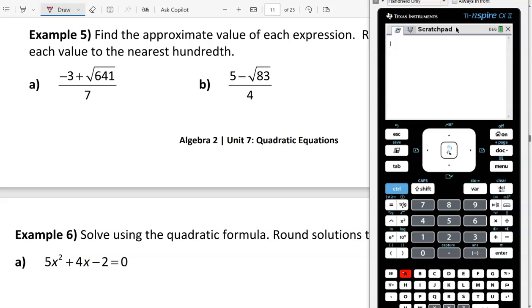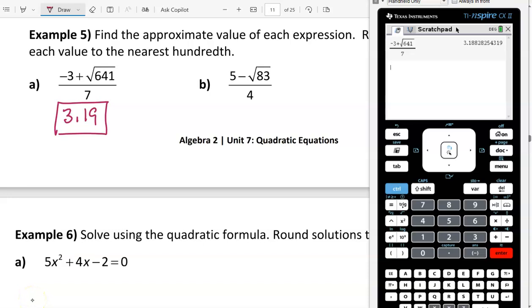In order to enter this expression, we're going to press Control and divide to get a fraction, and then negative 3 plus the square root, so use the squared key and the Control key before it, 641, and then cursor down to get to the denominator, all over 7, then just press Enter, and to the nearest hundredth, that would be 3.19.